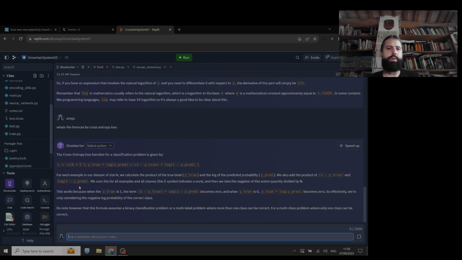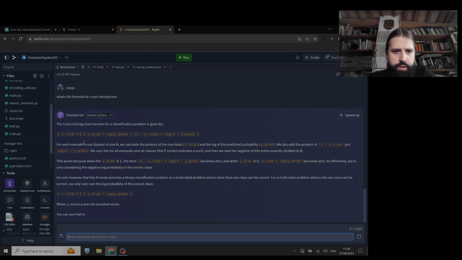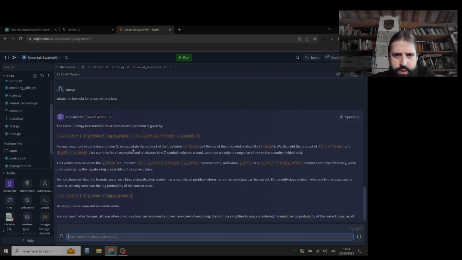One divided by n, minus one divided by n times the sum of the label. For a multi-class problem where only one class can be correct, we only sum the log probabilities of the correct class.